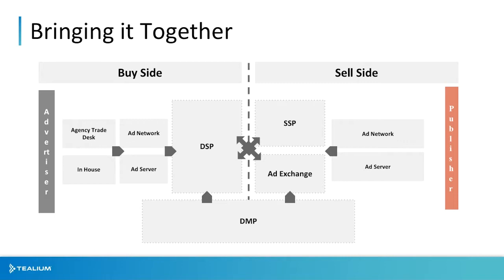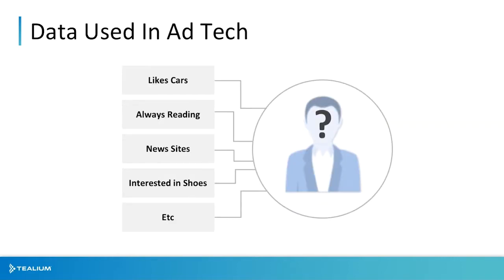And together, real-time bidding can take place only because a DMP has provided segmented data that appears for both the DSP buy side and the SSP sell side that makes it all happen and allows the bid to happen. This all happens in milliseconds as your web page is rendering. It's actually quite amazing how quickly this takes place behind the scenes, how quickly the bid for the creative for your eyeballs is being made on every news site in the world.